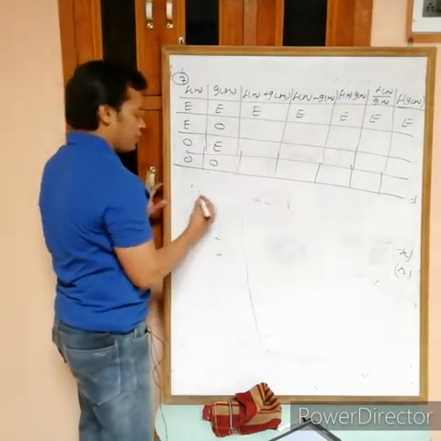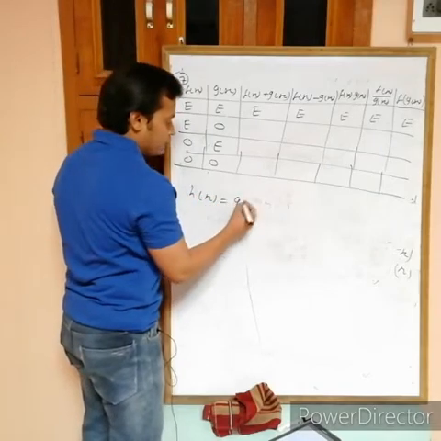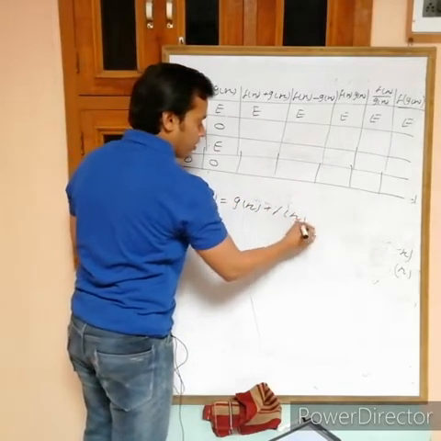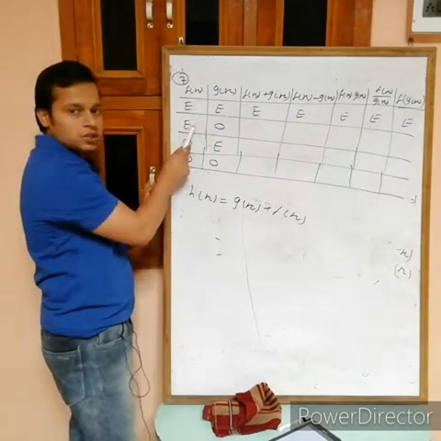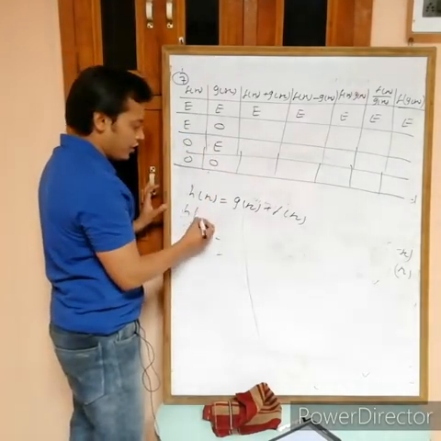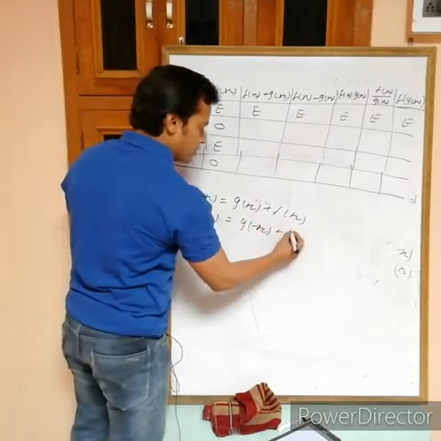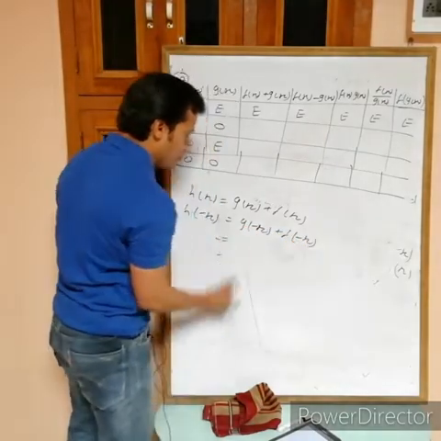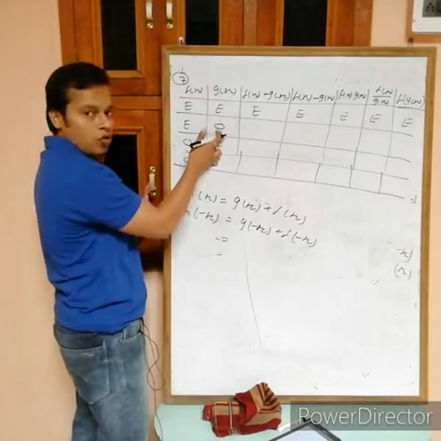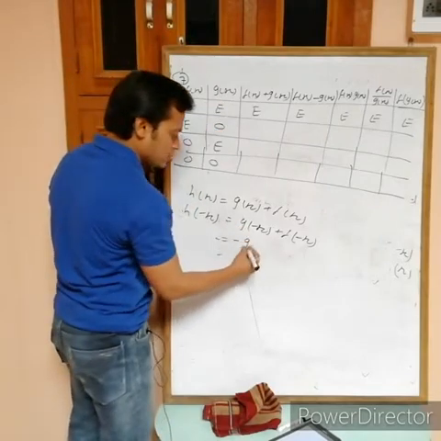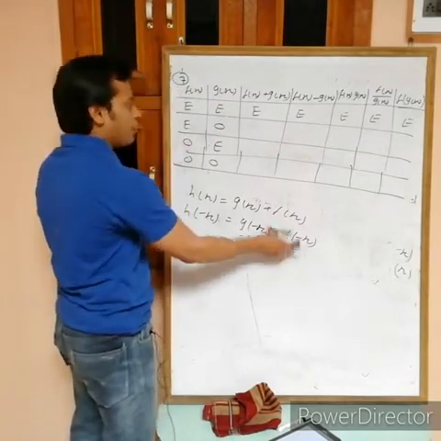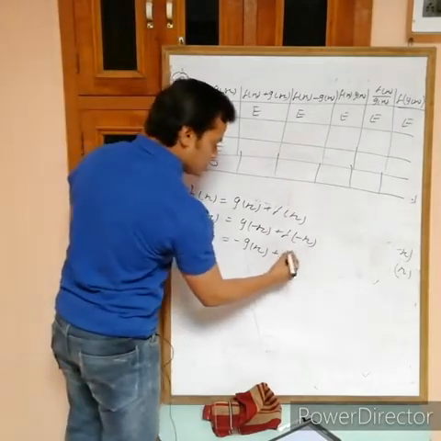Okay, see, suppose I am taking this one as h(x), g(x) plus f(x). Now here f(x) is even, g(x) is odd, so find h of minus x. Then what are we getting? g of minus x plus f of minus x. Okay, now g(x) is odd, then g of minus x is minus of g(x). f(x) is even, so this one is f(x).